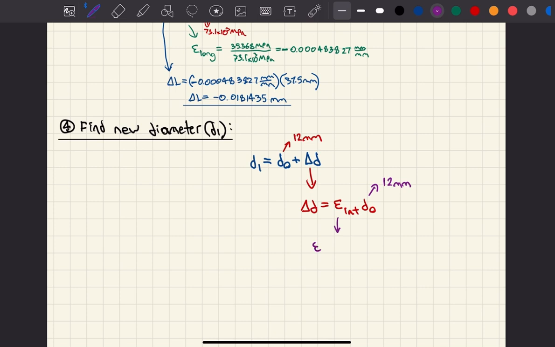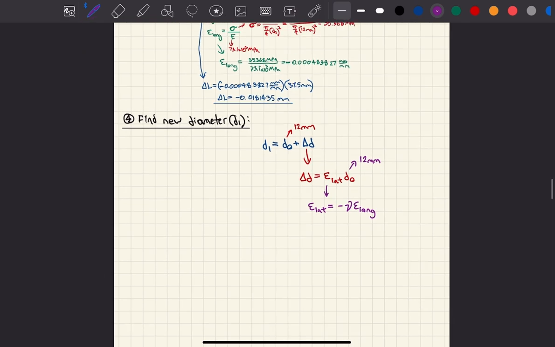my lateral strain is equal to negative Poisson's ratio multiplied by my longitudinal strain, right?